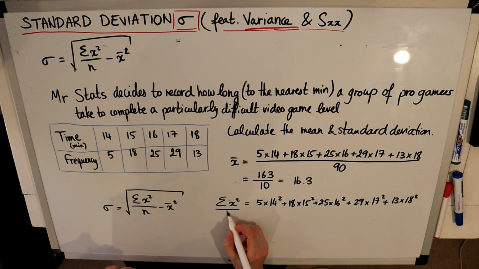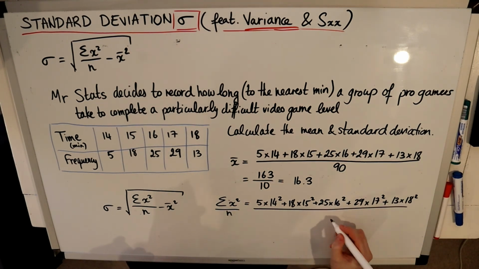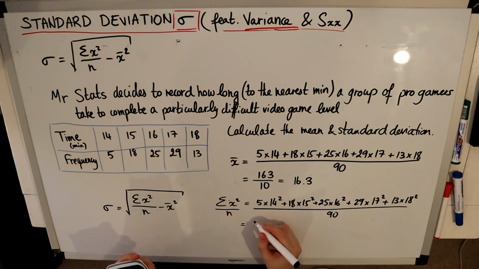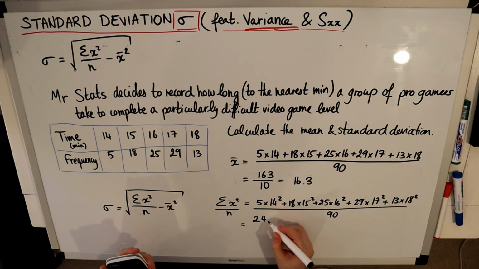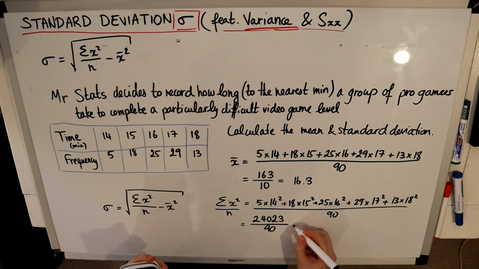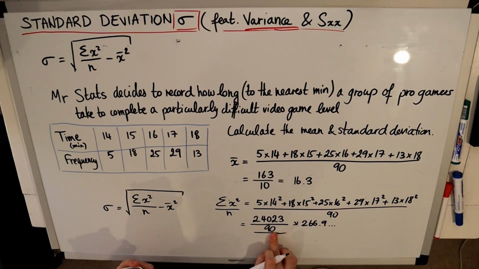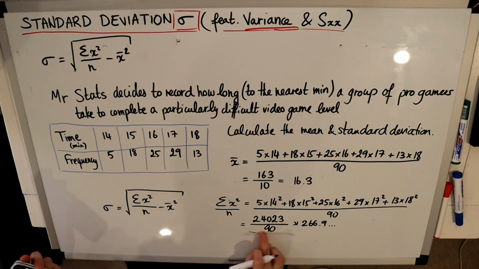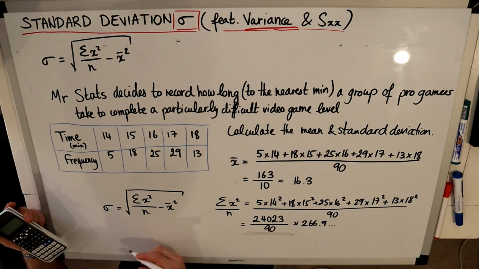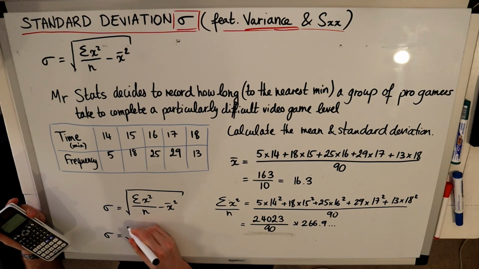So you know what, I'm going to do this, and I'm going to divide this by 90, and this will give us the much less nice, it's not a word, number of this, which we can then round at this stage to 266.9 blah blah blah, but I'm going to reuse the exact value when I type it into the standard deviation, so that the standard deviation is now equal to that number.